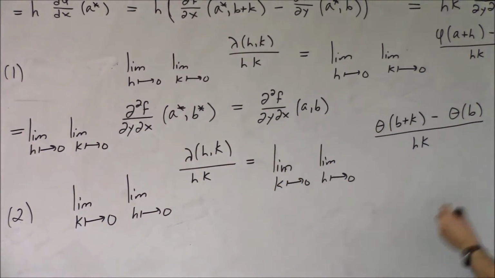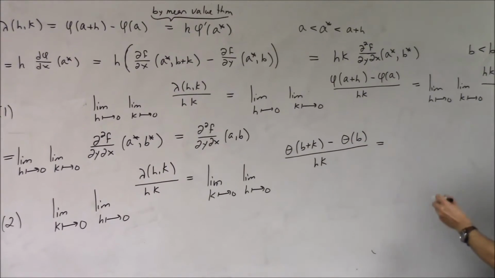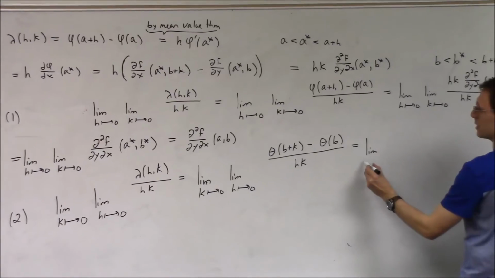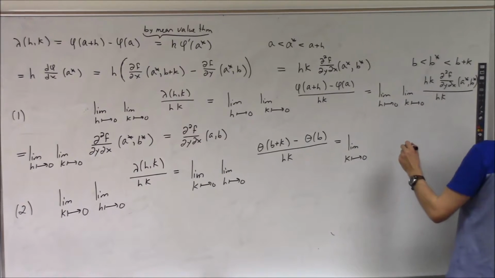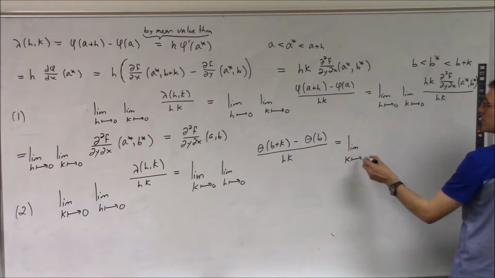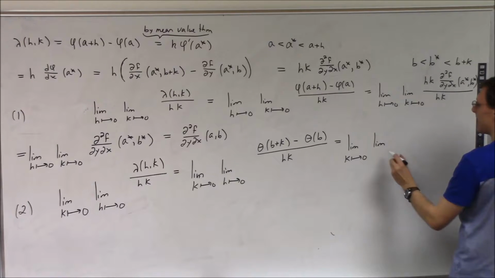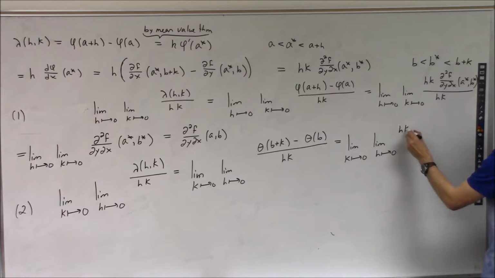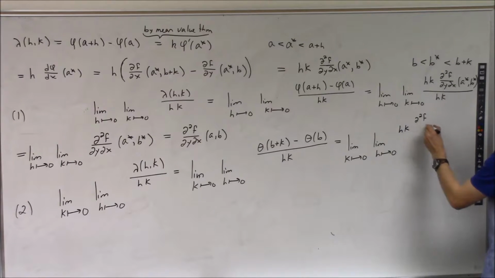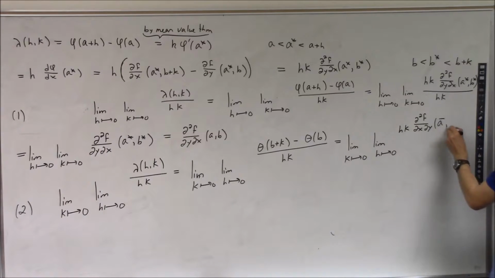It's written there, right? And what you will get is that by following exactly the same reasoning as in 1, what you get is, and here you have to be really careful, this is going to be limit as k goes to 0 of limit as h goes to 0 of hk, and here you will have the partial derivative first with respect to y and then with respect to x at some a bar, b bar.